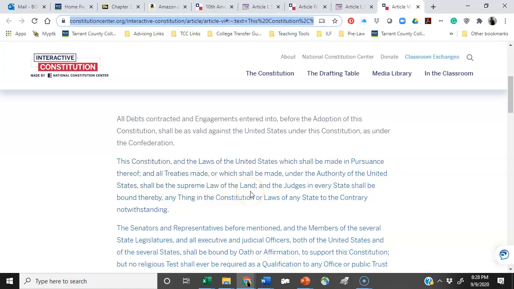So that's the way we settle disputes. If there is a conflict between state law and federal law, federal law is going to trump or be supreme over state laws. It says the judges in every state are going to be bound thereby, anything in the Constitution or laws of any state to the contrary notwithstanding.